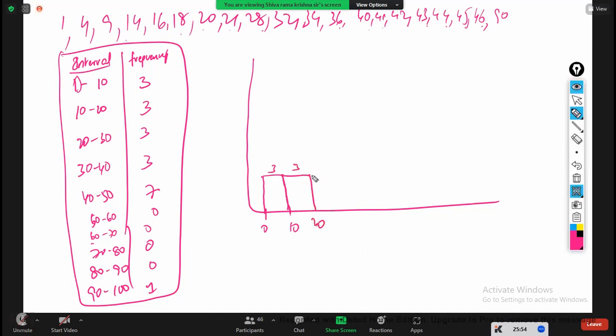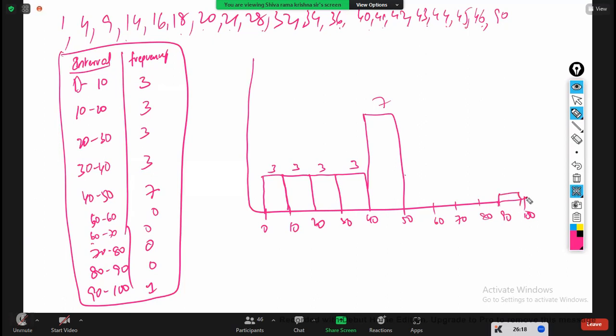Next 20 to 30, 3. 30 to 40, 3. 40 to 50, 7. 50 to 60, 0. 60 to 70, 0. 70 to 80, 0. 80 to 90, 0. 90 to 100, 1, a bar of height 1.